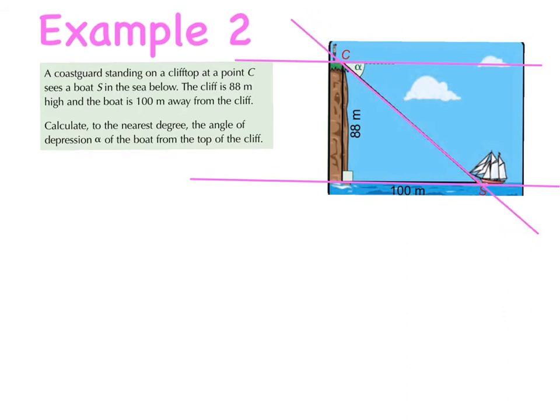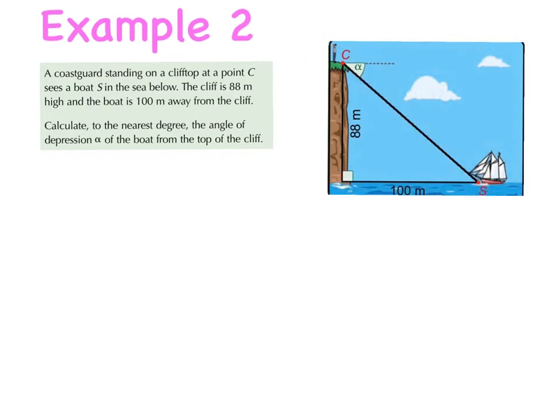And even though I'm looking for this angle here, this creates a Z line, and so this angle here is the same as this angle here. So, even though they're looking for the alpha here, we can make that the alpha here. And that's the angle we're going to look at.